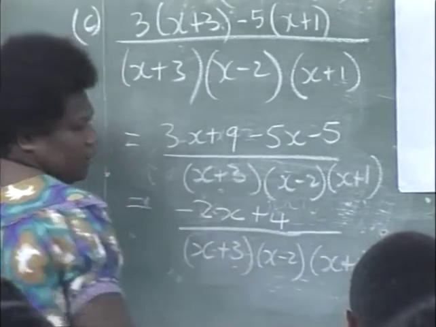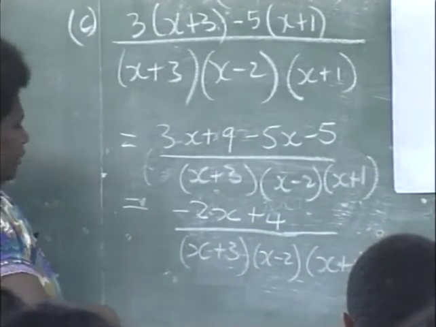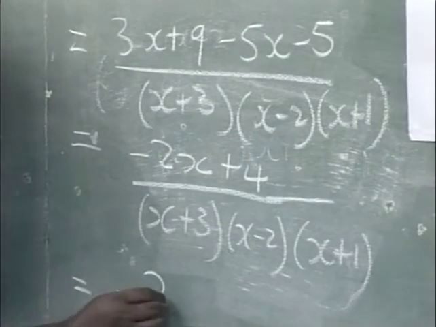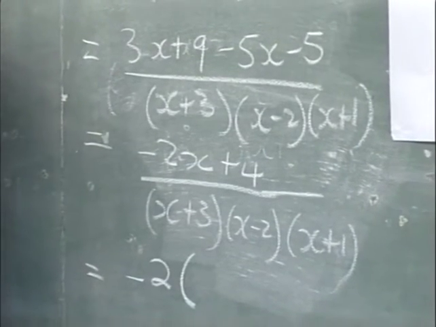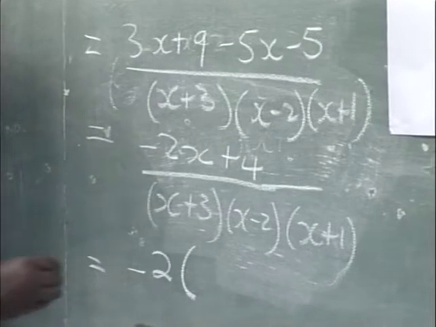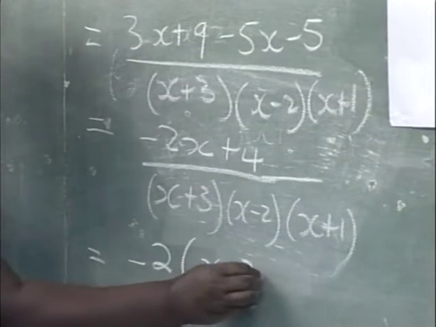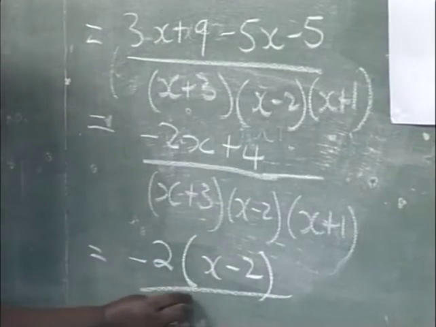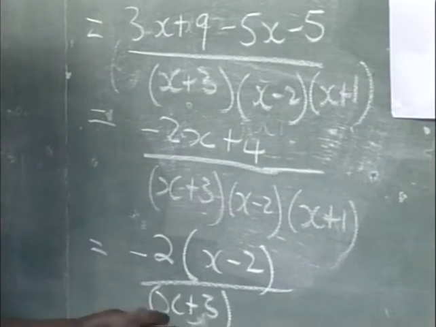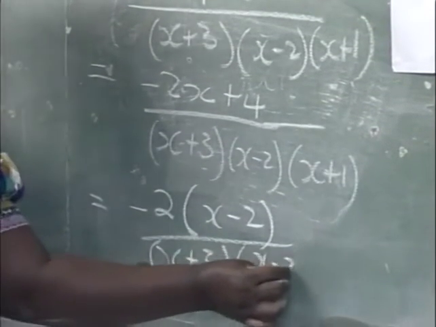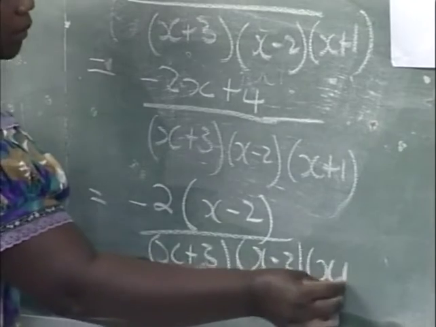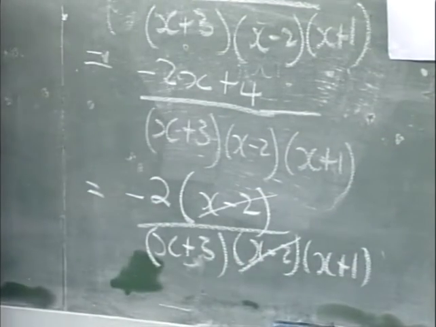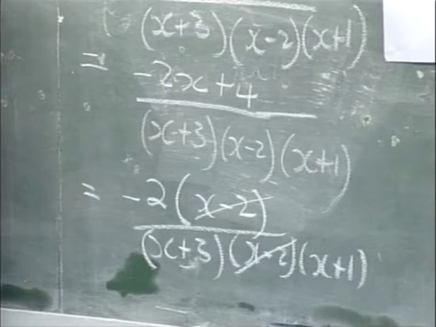Now, if it is like this, you can actually see that you can factorize by taking out negative 2. And then you have x minus 2 over x plus 3 times x minus 2 times x plus 1. Can you see this? And you can cancel x minus 2 and x minus 2, because it's now all multiplication.